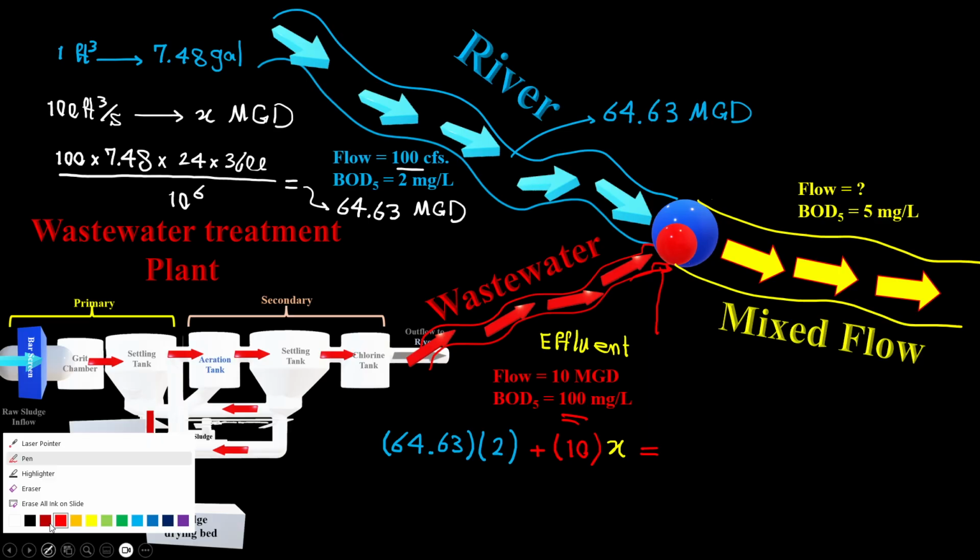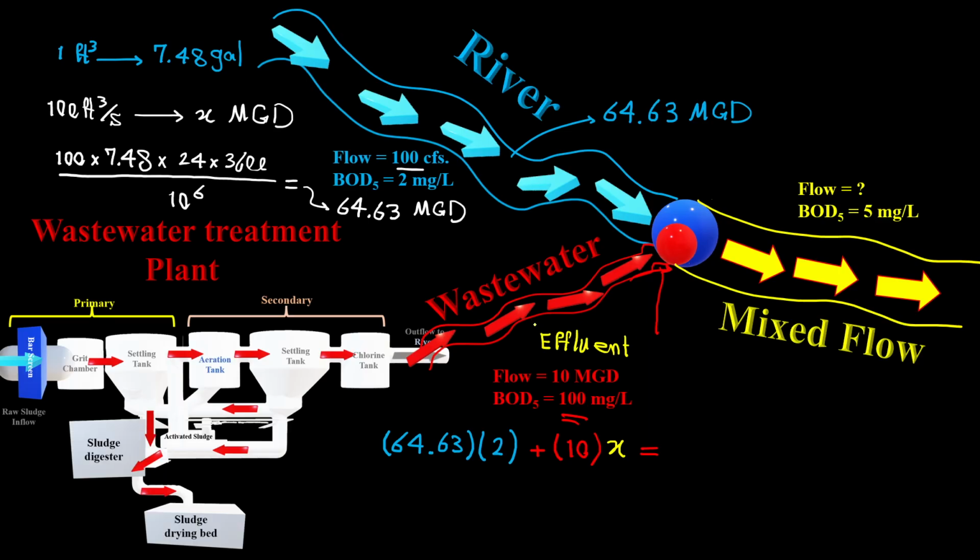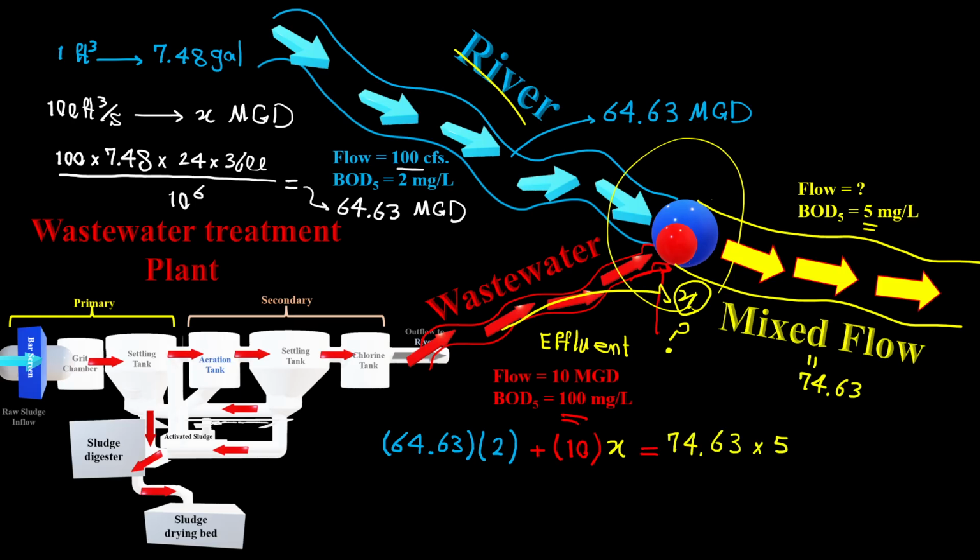As we talked about, it is reduced from 100 to a number X which we are going to calculate, such that when it mixes with the original flow, it gives us 5 milligram per liter. So it's the river times its concentration plus the wastewater effluent flow times the final reduced BOD5 is equal to the mixed flow, which is the total of river and wastewater effluent.